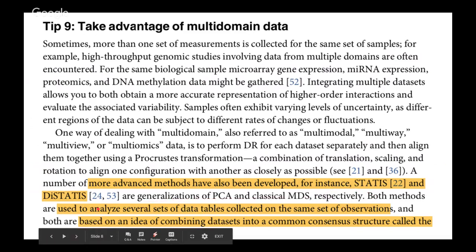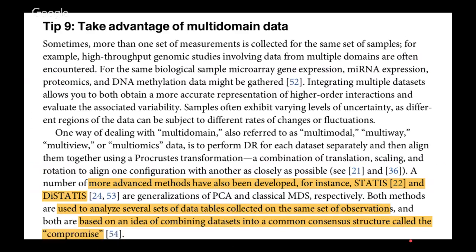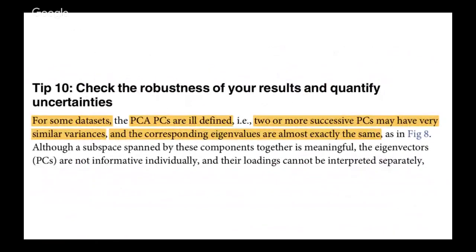Both methods are used to analyze several sets of data tables collected on the same set of observations, and both are based on the idea of combining data sets into a common consensus structure that is called the compromise of what explains the most, across all the multi-omics applied. And finally, tip number 10, check the robustness of your results and quantify uncertainties.